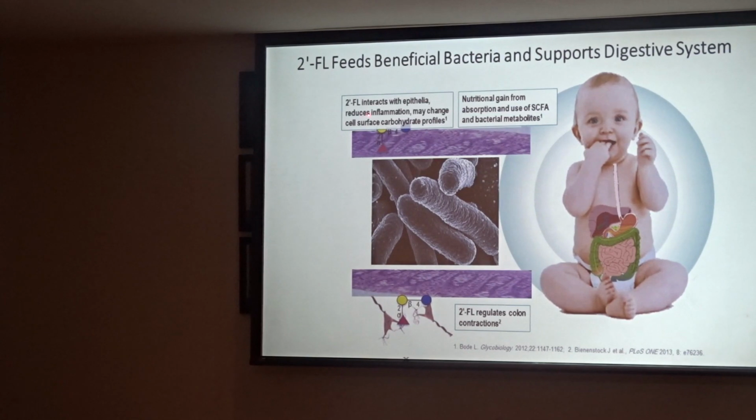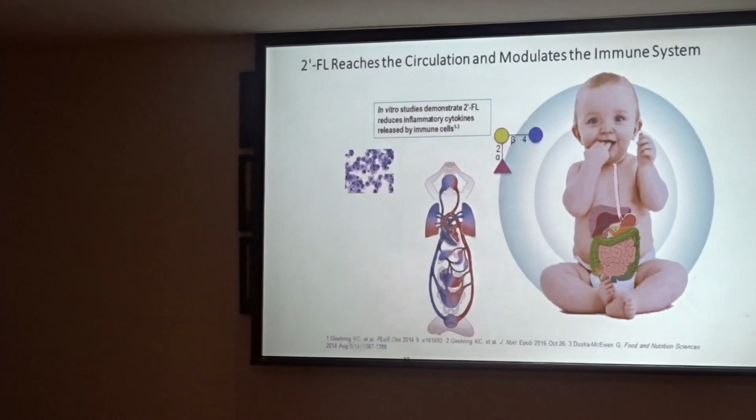As we will see in the next slide, it interacts with the epithelia, reduces inflammation, and may change the surface carbohydrate profile. In vitro studies demonstrate that 2FL reduces inflammatory cytokines released by immune cells.